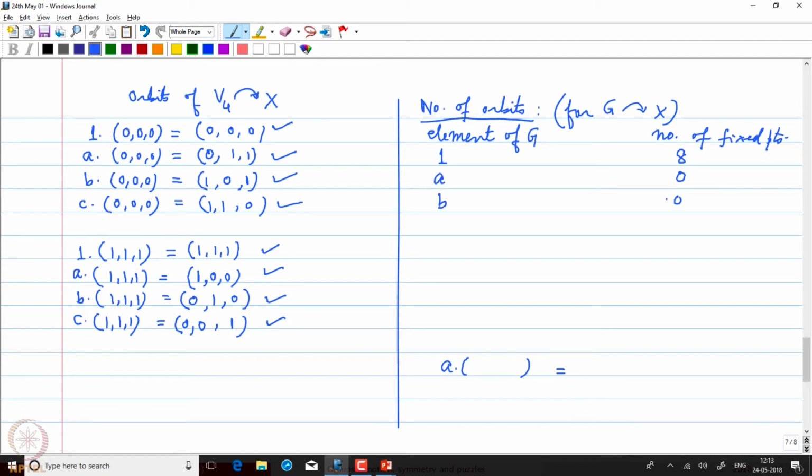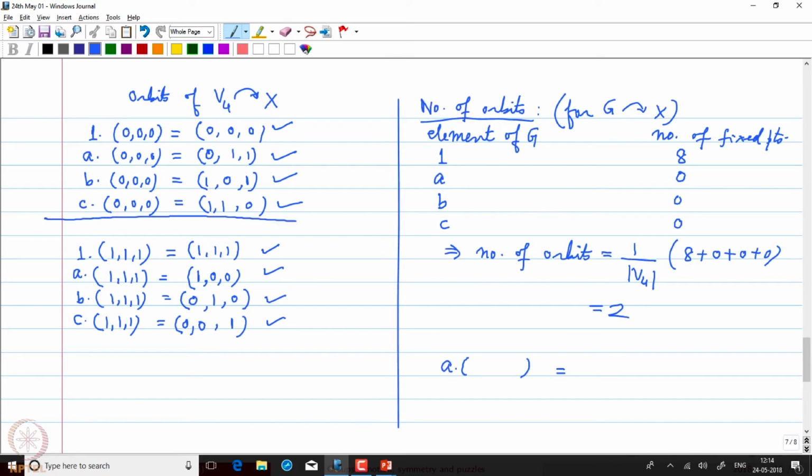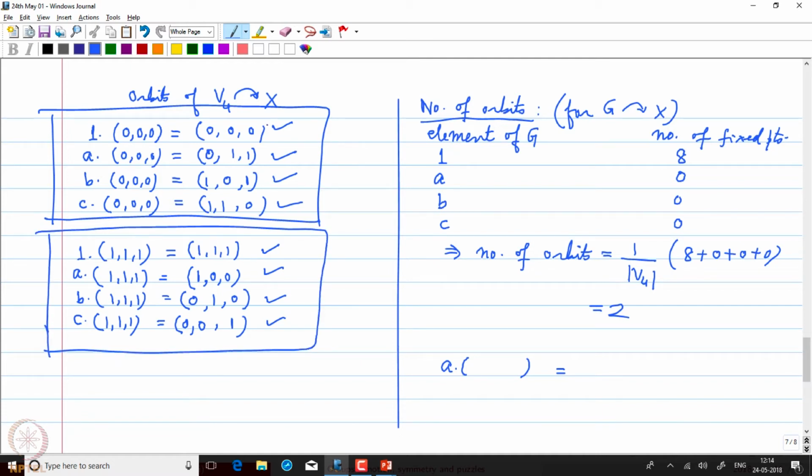Same is true with B and same is true with C. Therefore, the number of orbits is 1 divided by the size of V4, which is 4, times the number of fixed points, you just add them, which is just 8. So this action has 2 orbits and we have already identified this orbit and we have identified this orbit, and that's all. This covers all the elements of X.